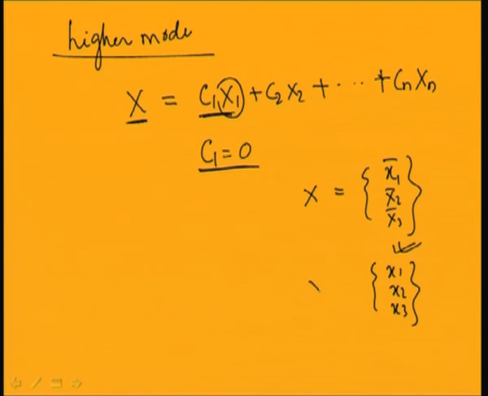The assumed value I am taking is x1 bar, x2 bar and x3 bar of the system. So applying the orthogonality principle, I can write x equal to C1 x1 plus C2 x2 plus C3 x3 plus Cn xn.